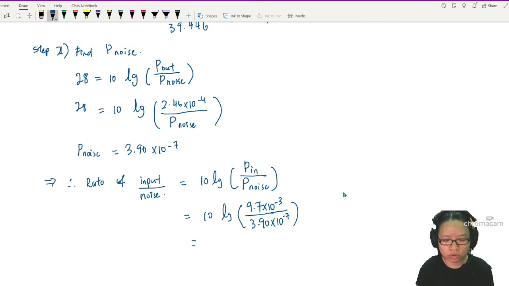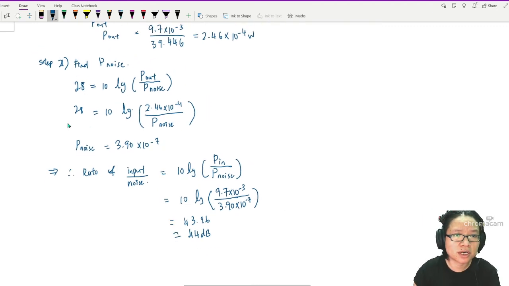Okay, so we press calculator again. 9.7 divided by 3.9 times 10 to the negative 7. Okay, so I get 43.95 or 96, which is approximately 44 decibel.